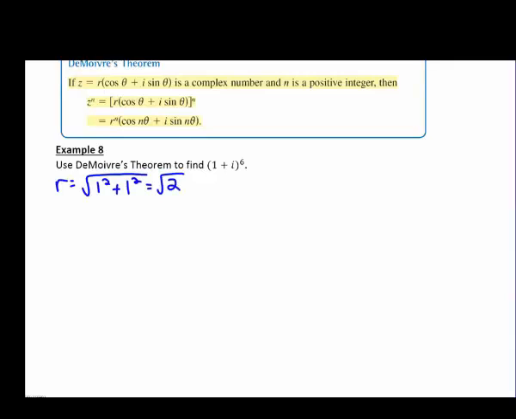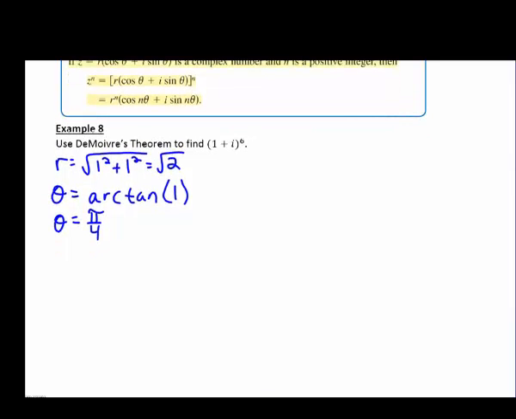We can find our angle measure, or the argument, and that is the inverse tangent, or arctangent, of 1, and so our angle measure is going to be pi over 4, because we had a +1 and a +1, so we know we're in quadrant 1, and the tangent value of 1 is at the angle pi over 4.